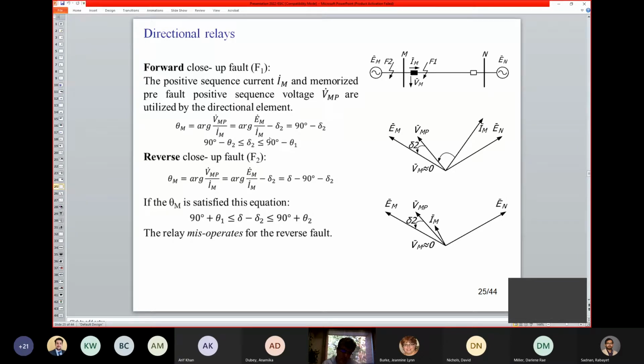There are some reports on that one. That was not directly a directional relay problem; that was more on the fault type detection, but it is related to this concept as well. So that's another issue that should be considered.